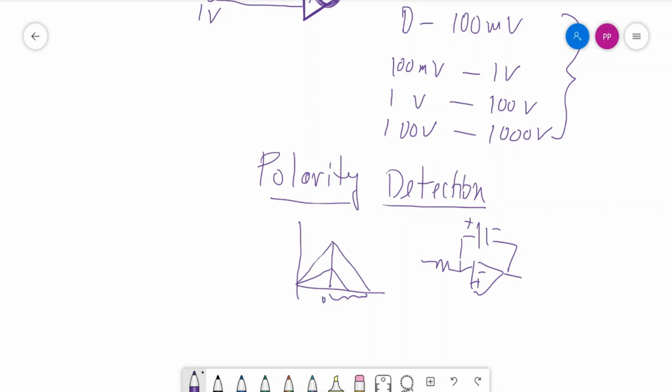Now from here the counter adds up to a final value. Now if this is the positive input voltage, it will be in the first quadrant, and if it is a negative input voltage, this will happen in the fourth quadrant. So that is how we can obtain the polarity of the devices by using the dual slope converter.